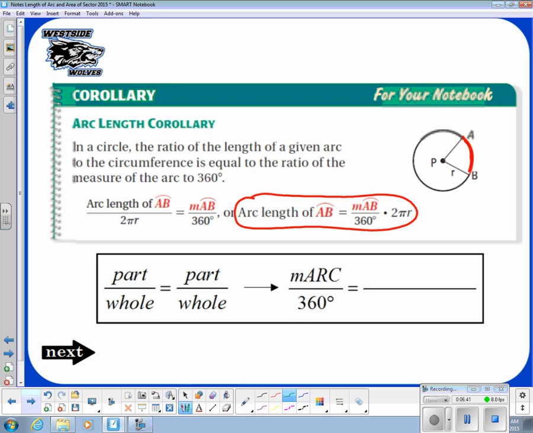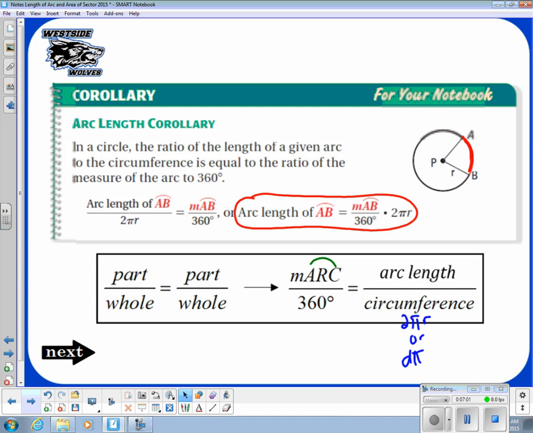So this is the measure of the arc, whether it's minor or major, it doesn't matter. And that's the part-over-whole relationship here. The other part-over-whole relationship is the length of the arc, which is the part, and then the whole circle is the circumference of the circle. And we can replace that with 2 pi r, or we can replace it with d pi. And this is the formula we have to know.